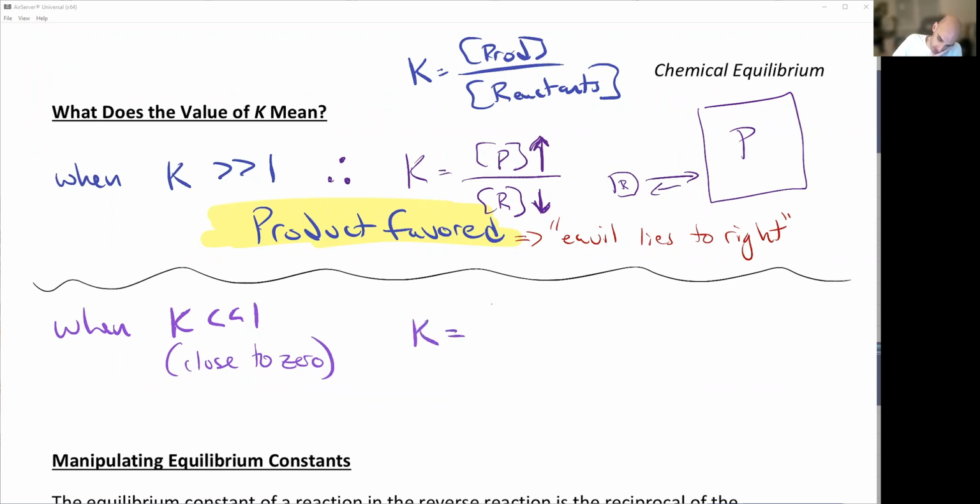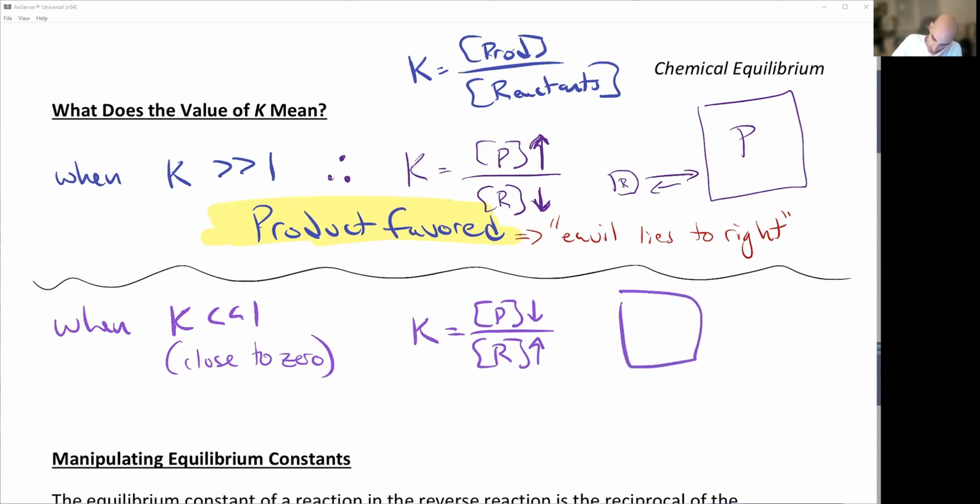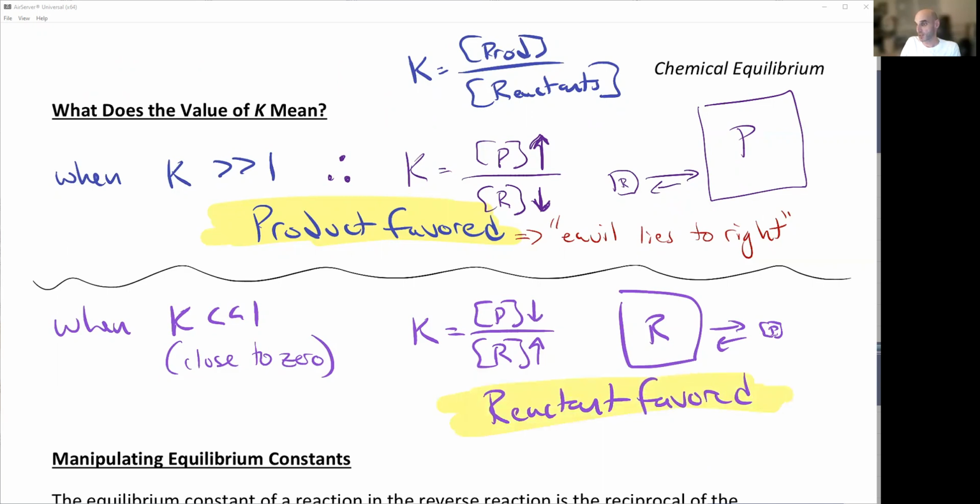K is going to have a very small number on the top and a very large number on the bottom. And therefore, we are going to have a ton of reactants and almost no products. If that's the case, we call this reactant favored, or equilibrium lies to the left. Okay, good.